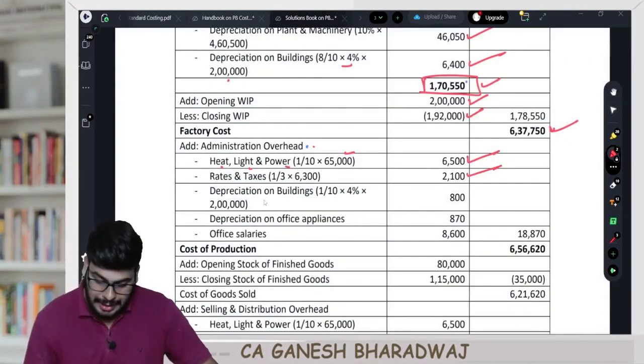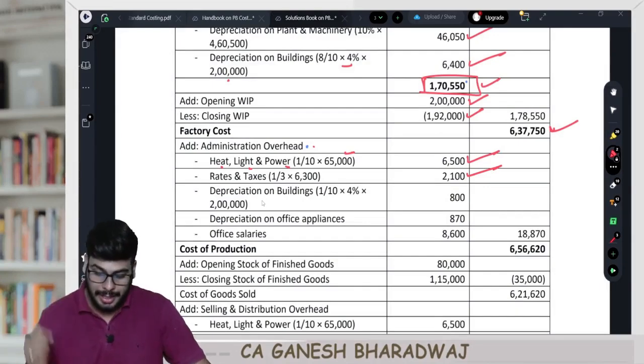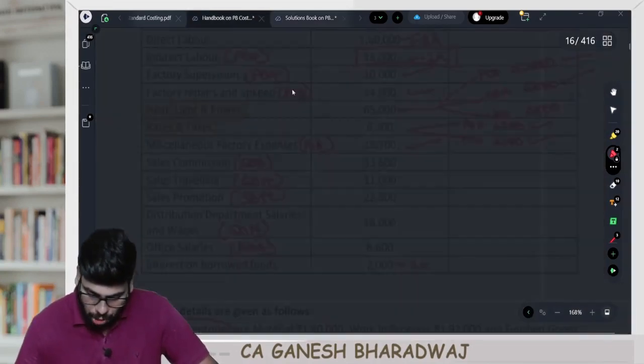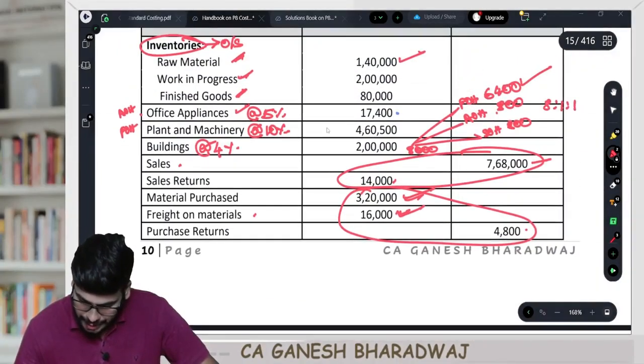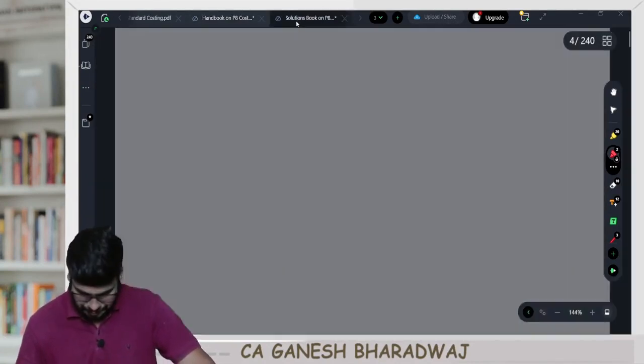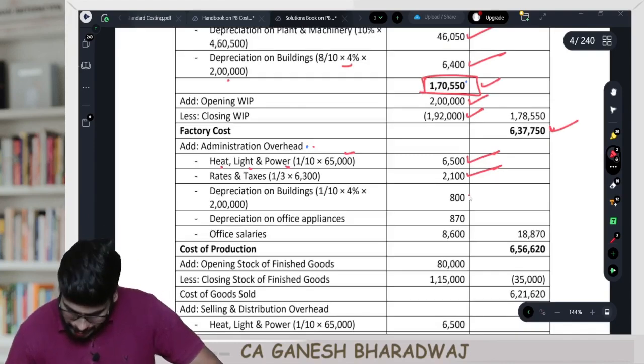And one more thing, depreciation on buildings we saw, right? The building is a shared area. So 4% on 2 lakh, that was 8,000. And 1/10 of it comes to your AOH, that's 800 rupees.